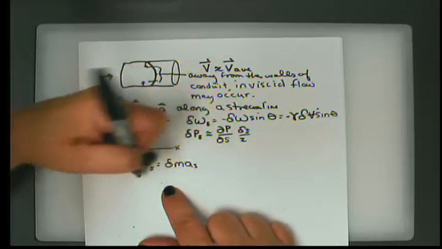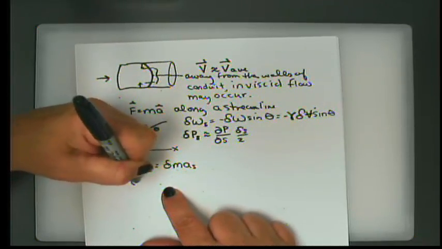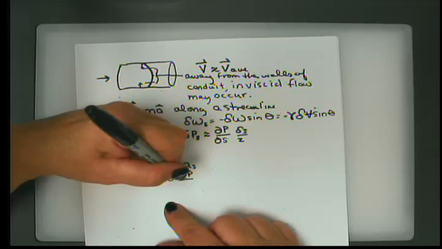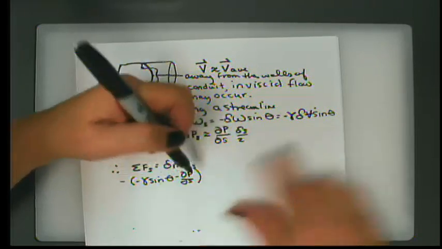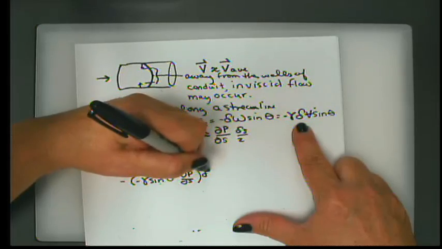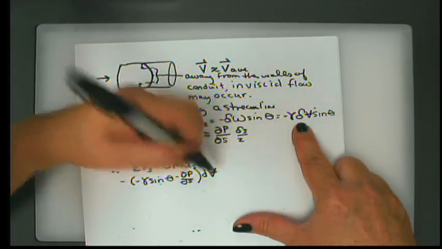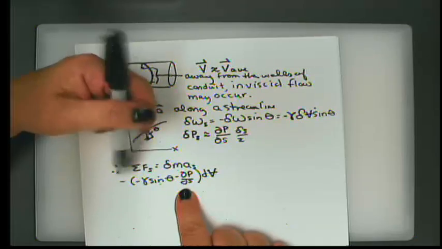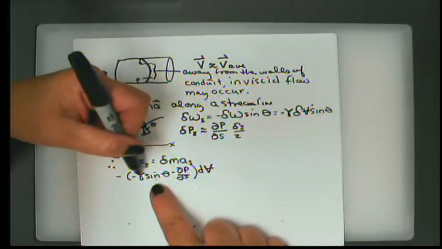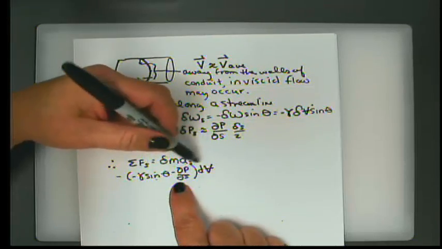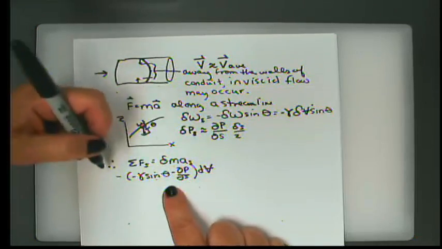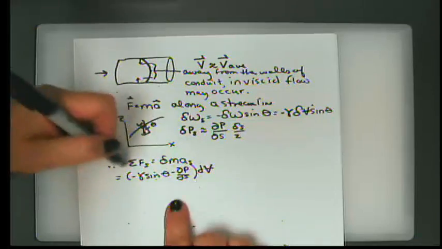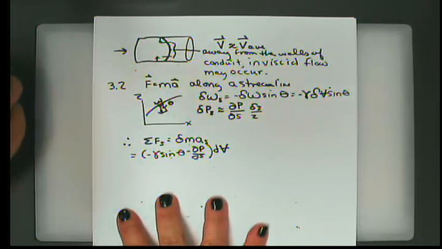And so we could pull that together and just write it as negative gamma times the sine of theta minus del P del S times the del V term, because we have that in both of those terms. And gamma, let me just check my units, yep, so that's going to give us a del force.